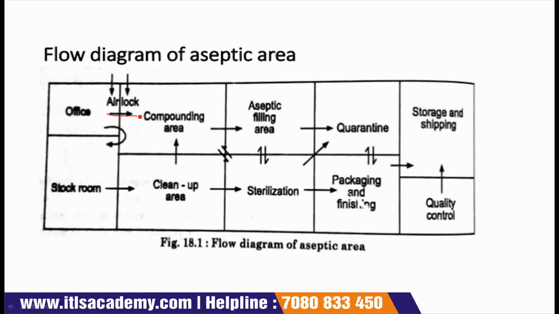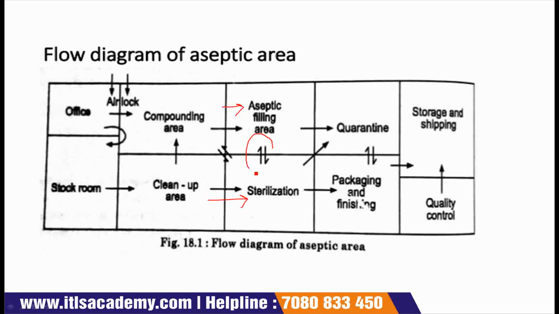From the office things also go to compounding area. This is very nearby to office. This is cleanup area. From the cleanup area compounds go to compounding area. Compounding area is further connected to aseptic filling area, and this cleanup area is connected to sterilization.